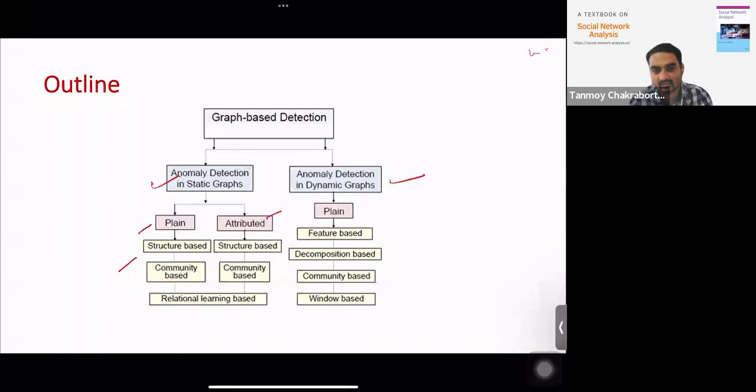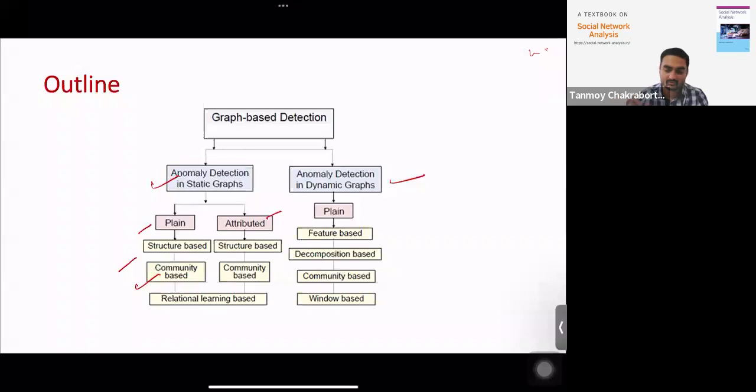Whereas in the community-based approach, we look at anomalous nodes with respect to a particular community. So in graph-based anomaly detection, there are two different approaches. One approach tries to identify anomalous nodes, anomalous entities from the entire graph.